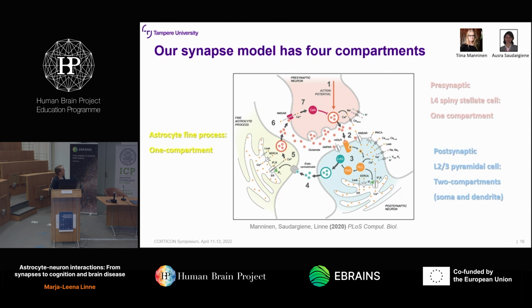You see here that this is a relatively detailed biophysical model, more detailed than many of the models that we have. It's Hodgkin-Huxley-based for both pre- and postsynaptic neurons, and lots of mechanisms contributing to intracellular calcium are also modeled in this system.